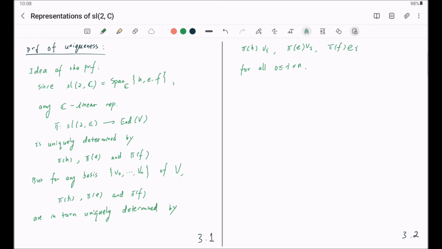So the key part of this proof of uniqueness is to find those basis vectors V0 through Vn that span V.